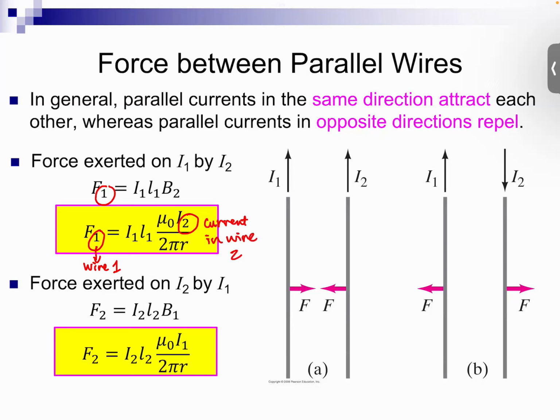In other words, you can think of this equation as current in wire 2 exerts a force on wire 1. Or alternatively, current in wire 1 exerts a force on wire 2.